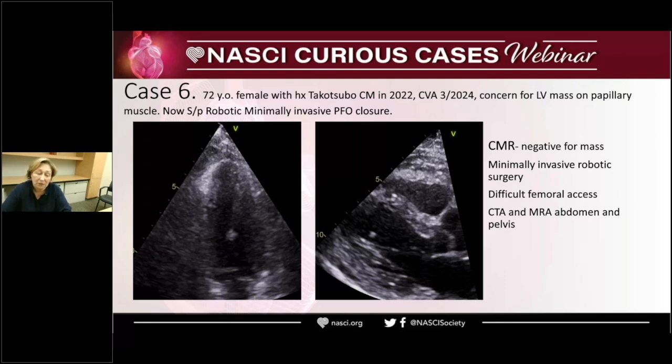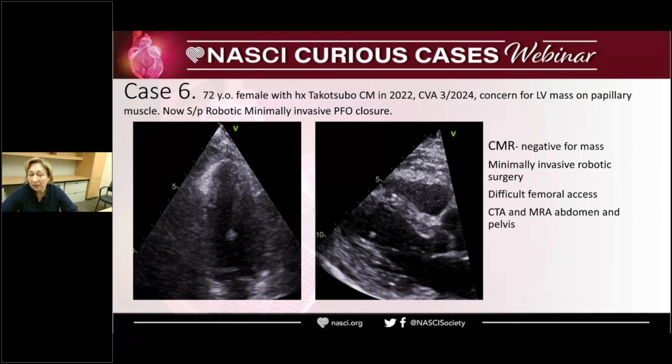Another differential diagnosis, less likely but still in the back of our minds, is that small myxomas can sit in the ventricles, as well as thrombus. It could be a thrombus because she had a history of CVA a couple of months before she came to us.